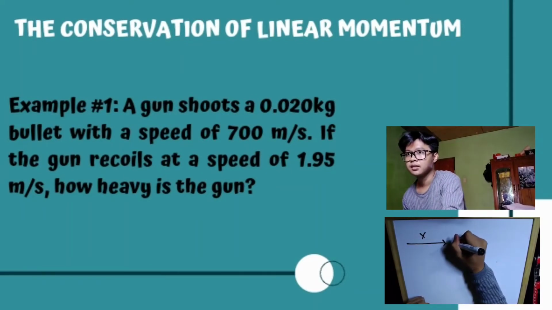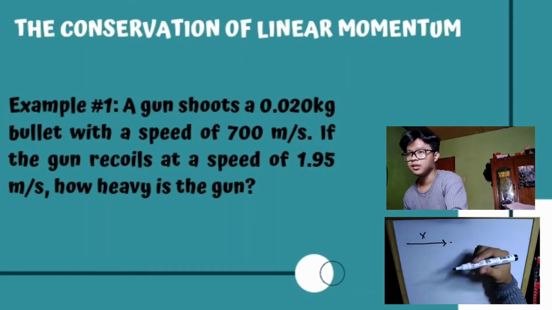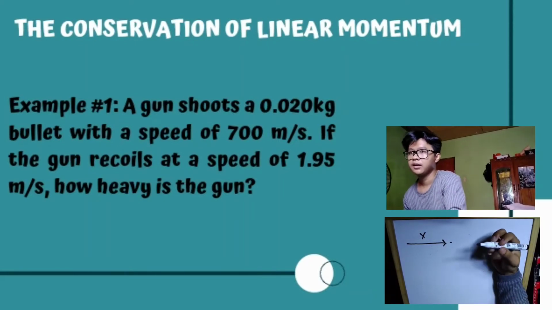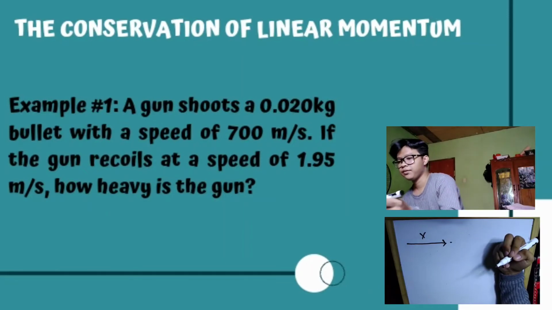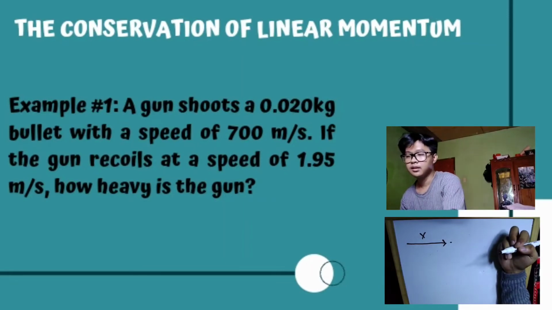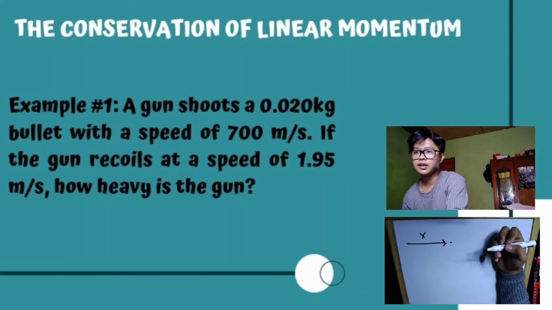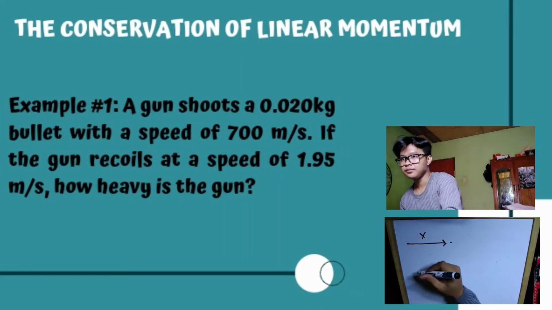The gun recoiled to the left during the very short time interval of their separation. We can assume that the external forces are very small, so we can neglect them. So we can use the conservation of momentum at least approximately.